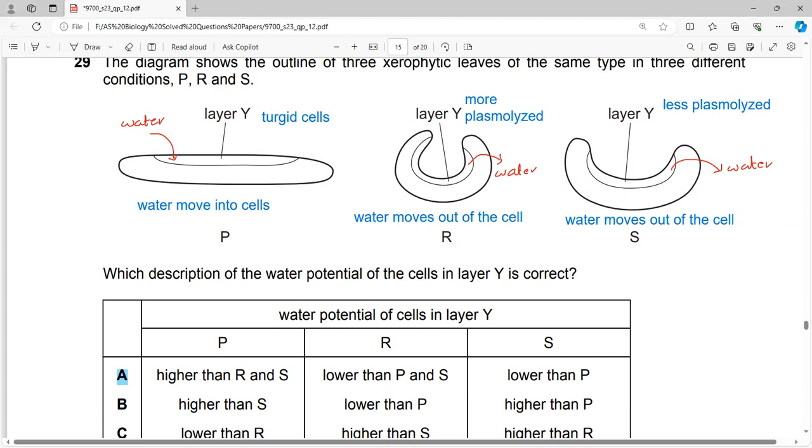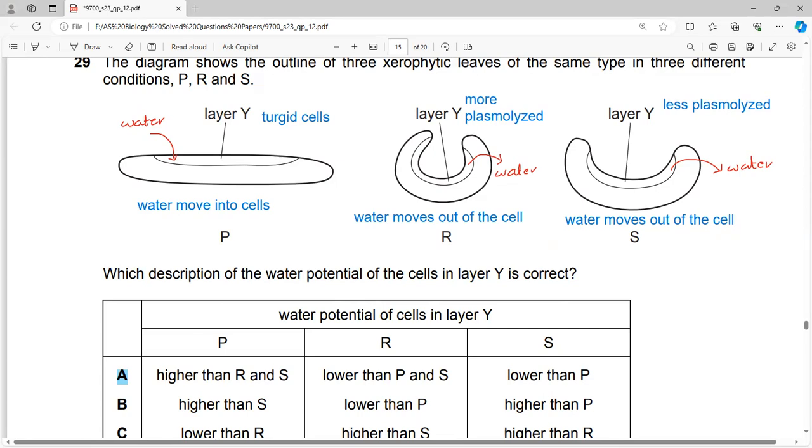Now, next is the comparison between S and R. R has lower water potential than P and S. What about S? It lost less water as compared to R. R lost more water, and S lost less water.